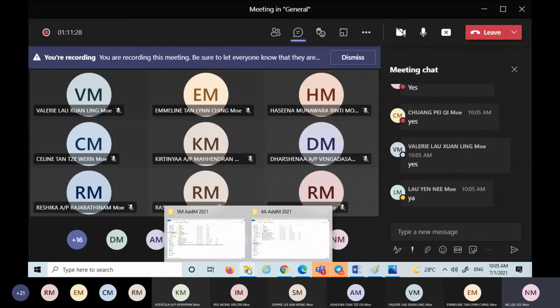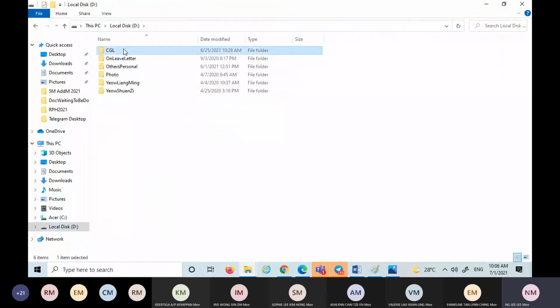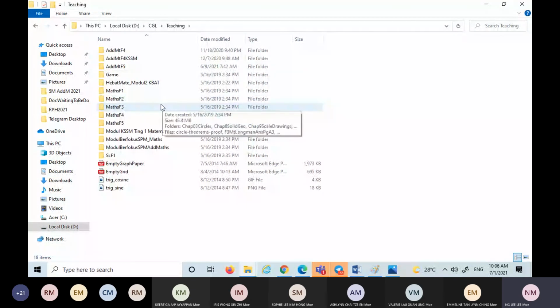Let me think where I keep my notes. Then I don't have to repeat. Then you do your own revision because that one we need it. Whole syllabus.